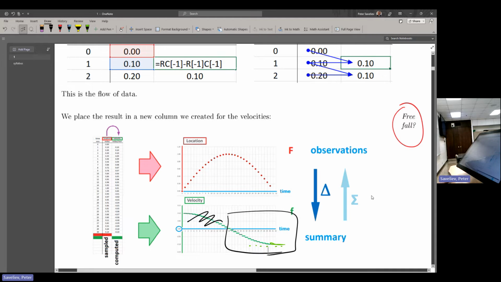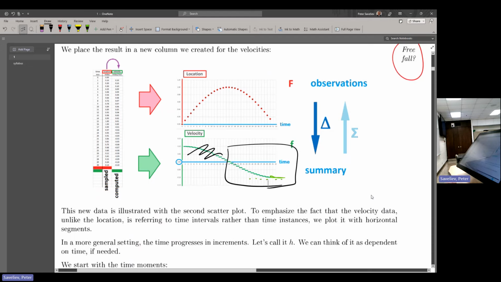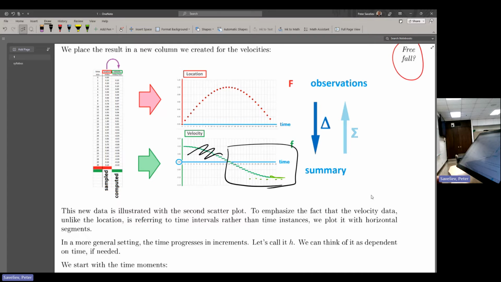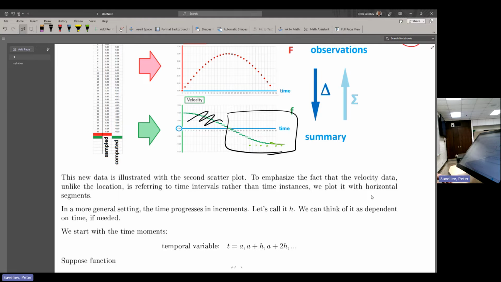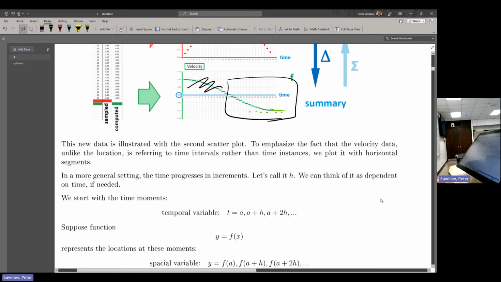This was a pretty effective way of studying nature: collect data and then carry out some really simple computation with subtraction, nothing more, and it turns out there's some insight right there. Okay, so the new data illustrated. Let's make it slightly more general.